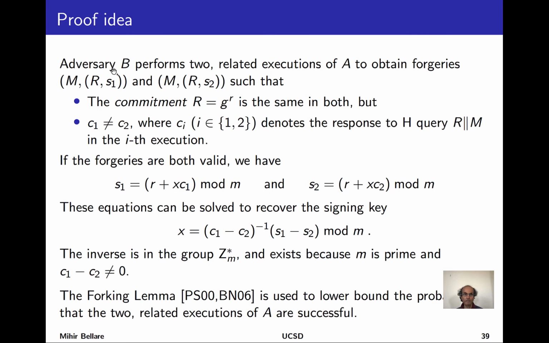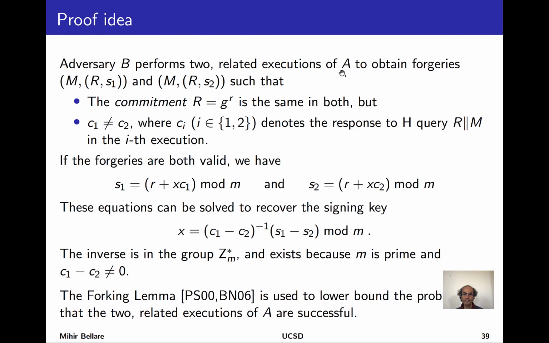What our adversary B, who's trying to solve the discrete log problem, does is think of the public key as the target and aim to find the secret signing key, which is the discrete log of the public verification key. And it's going to run our A not once but twice.